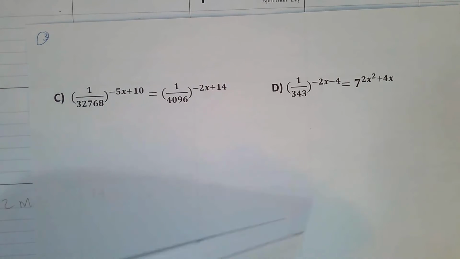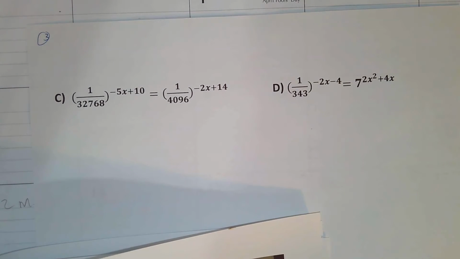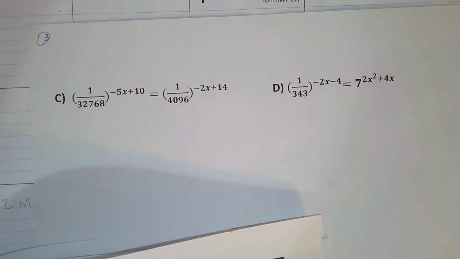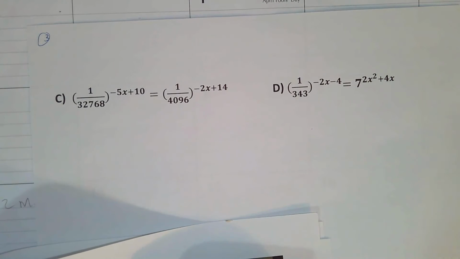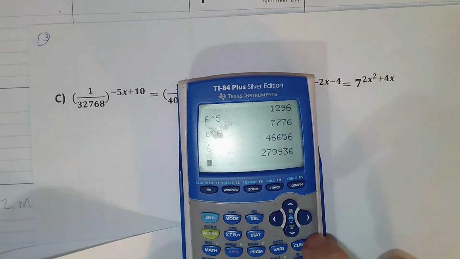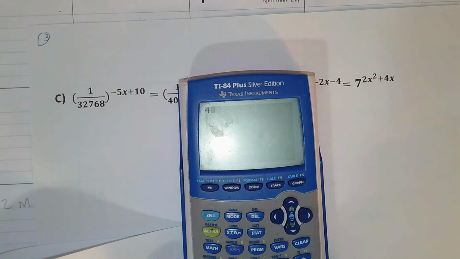So well, let's just take 4096. Let's see if we can divide that by 4. Let's start with a smaller number. 4096, let's see if we can divide that by 4.